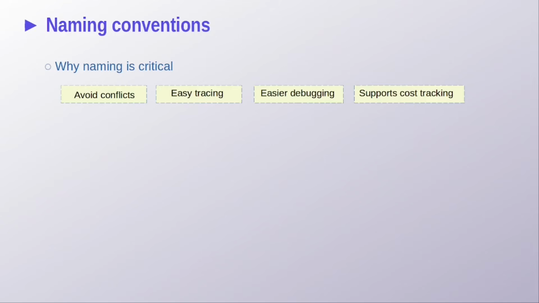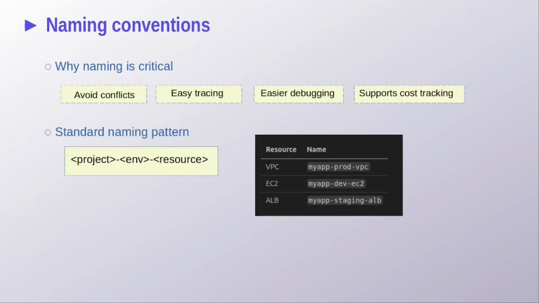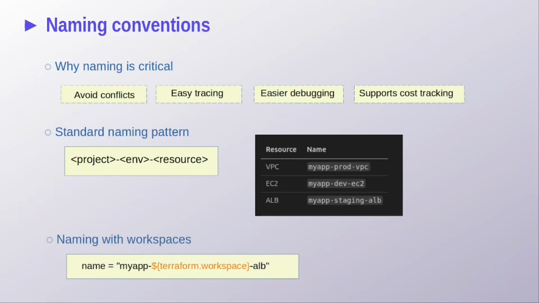Bad naming leads to confusing mistakes and higher cloud bills. Standard naming pattern: a very common and safe pattern is project-environment-resource. You already know which project, which environment, and what resource.